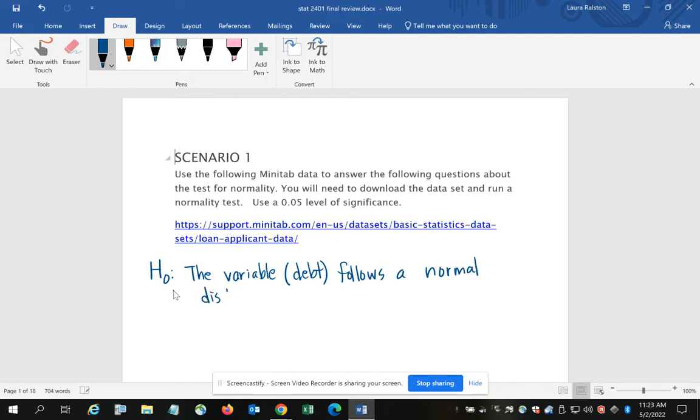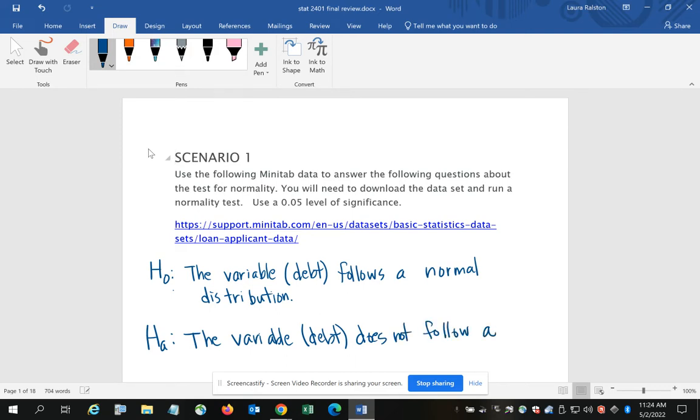Your hypothesis is written in words, but remember that the null hypothesis must always imply in some way that it's equal or the same. So the fact that it follows would be the case there. Then our alternative hypothesis would imply not equal. So we say the variable, which is the debt, does not follow a normal distribution.